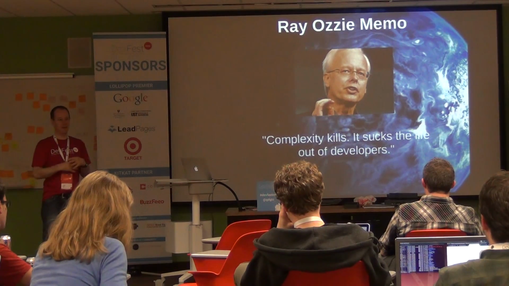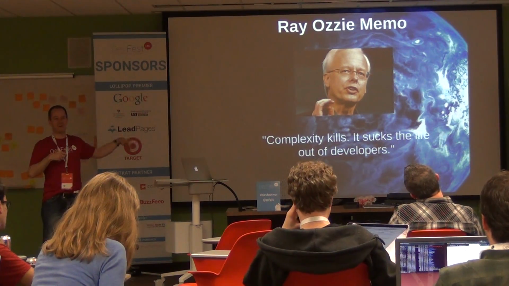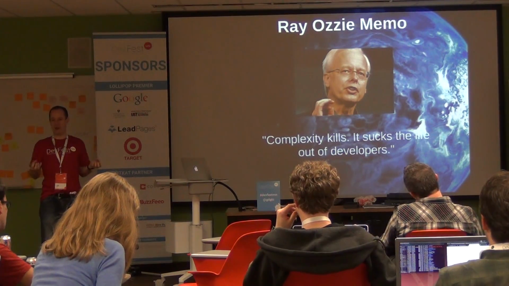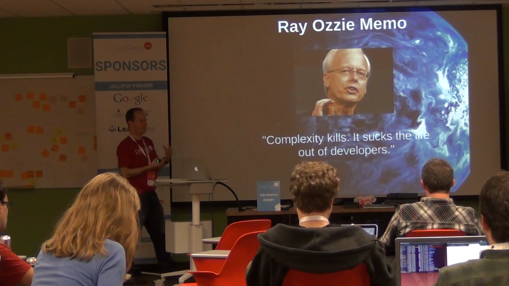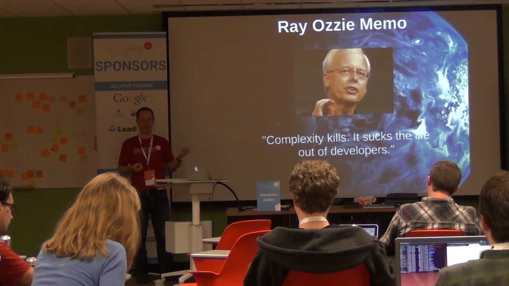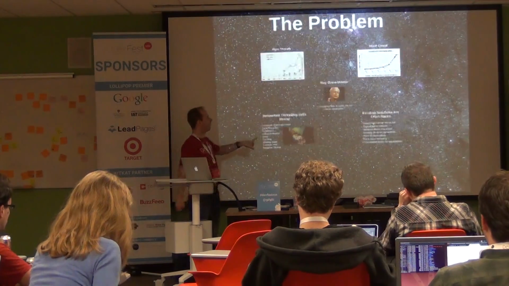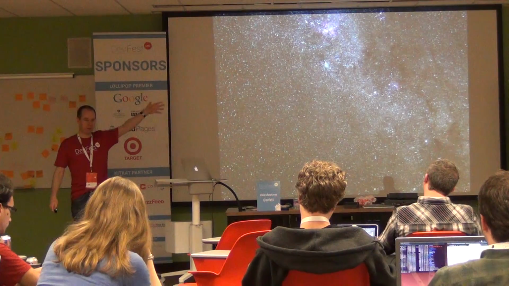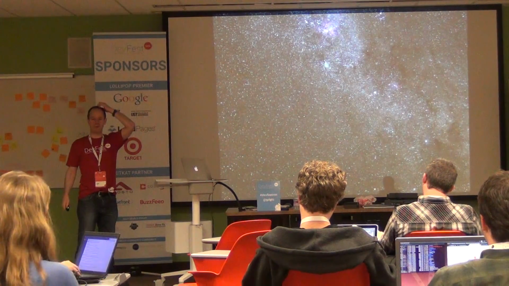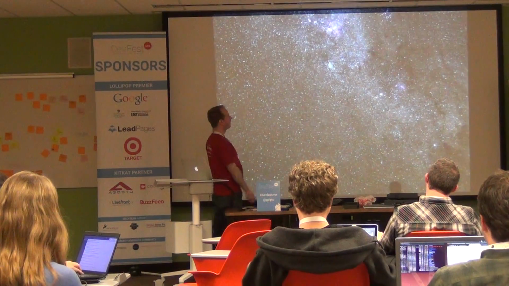Threading is complexity, and the way it was in 2007, he said it was going to bring the company down, and he put out this memo to all his developers to try to get ideas. One of those ideas came from a guy called Erik Meijer, whom we'll get into in a second. Ray Ozzie, by the way, is also the guy who founded Lotus Notes and headed up the Microsoft Outlook division at Microsoft. So how did reactive happen?